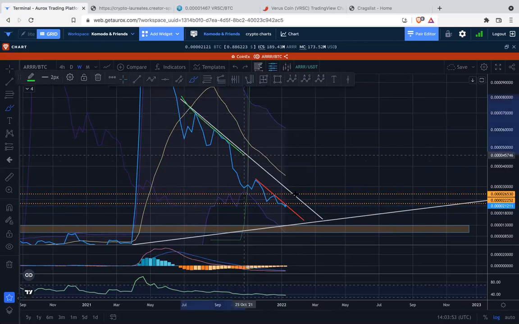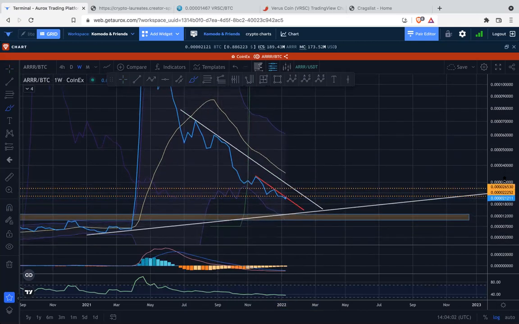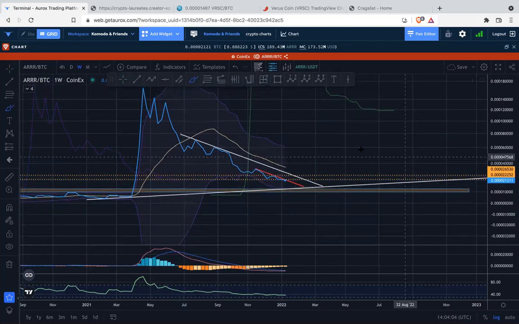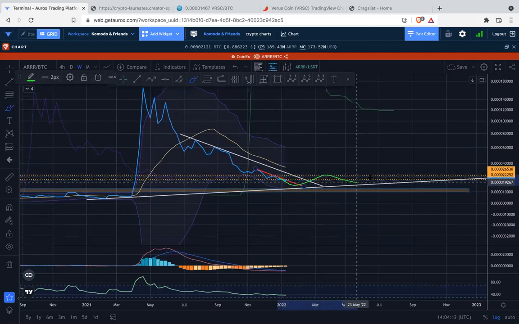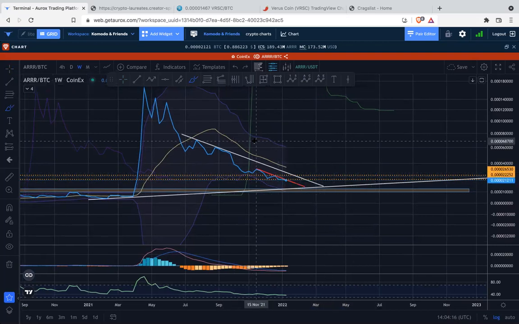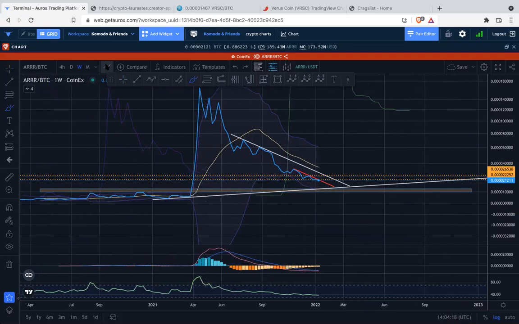The steepness, the trend of this move is pretty strong. However, again, it does look like it will eventually reach its end and do what it needs to do. I don't know exactly what that's going to look like. We'll keep watching it as it plays out. But on a weekly time frame right now, let's take a look at the candle formations.